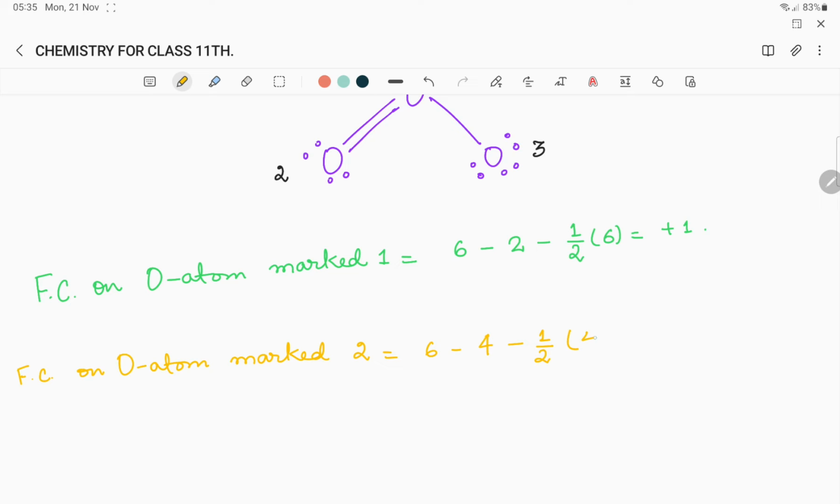Okay, so here 6 minus 4 minus half of 4, which is 2, so it becomes 6 minus 6, which is 0.